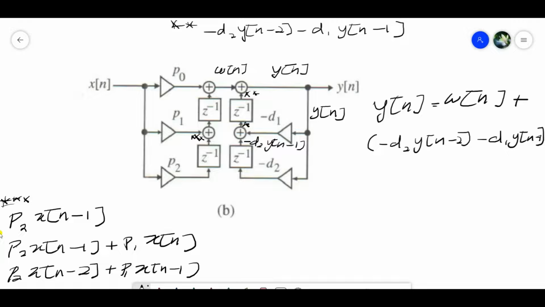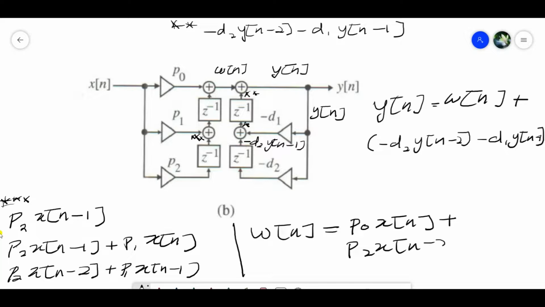So it goes to the summing junction. So here, wn equals p naught xn plus p2 xn minus 2 plus p1 xn minus 1.